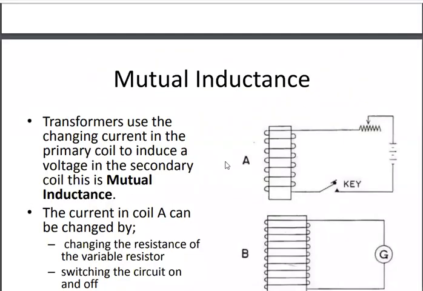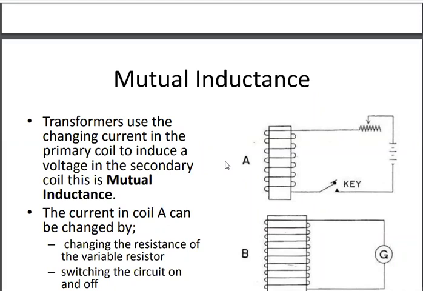Now, what happens in the case of mutual induction? When two coils are close to each other, although not in contact, a change in magnetic flux or change in current in one coil will cause an induced current in the second coil. The second coil will have induced current, and the first coil will have source current.